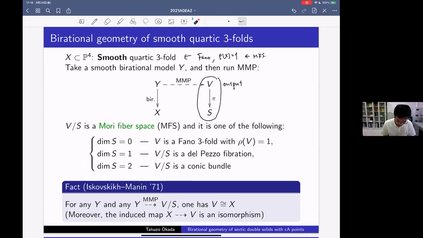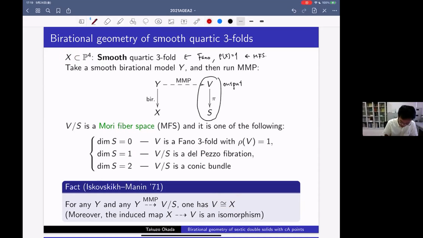But the important fact given by Iskovskikh-Manin is that for any choice of smooth birational model Y, and for any choice of minimal model program, the output is always of the Fano type, and moreover, it is isomorphic to this X itself.